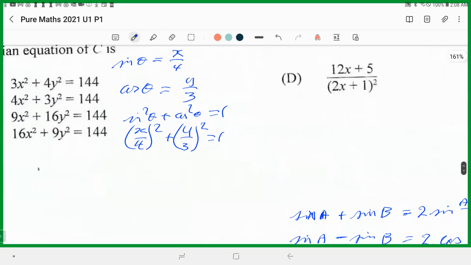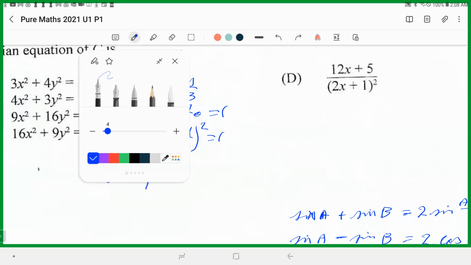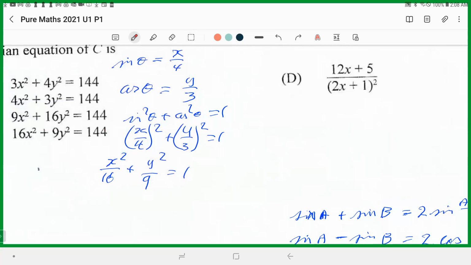So this is the same as x squared over 16 plus y squared over 9 equals 1. We need to multiply through by the product of these two, which is 16 times 9.